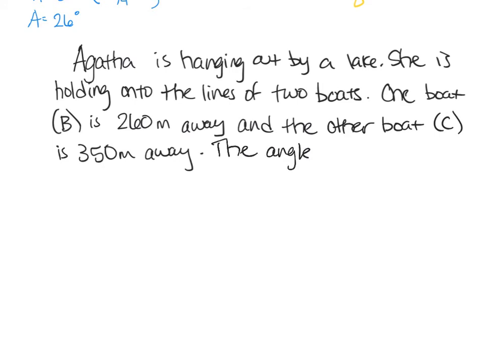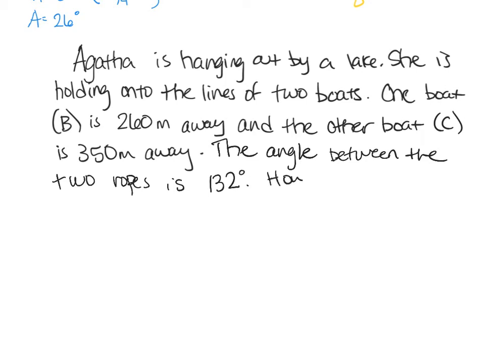The angle between the two ropes is 132 degrees. How far apart are the boats? So this is what we're looking at.